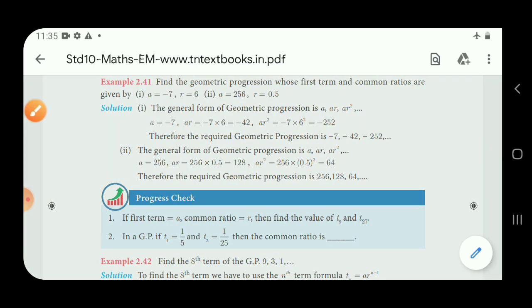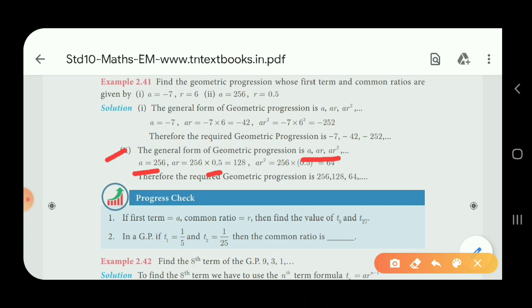For the second one, the general form of a geometric progression is a, ar, ar square. This you can apply likewise. a equals 256. Second term ar is 256 into 0.5, which is 128.